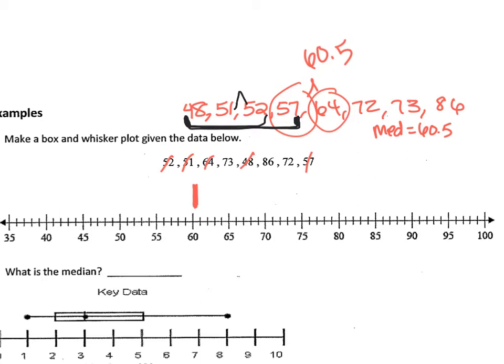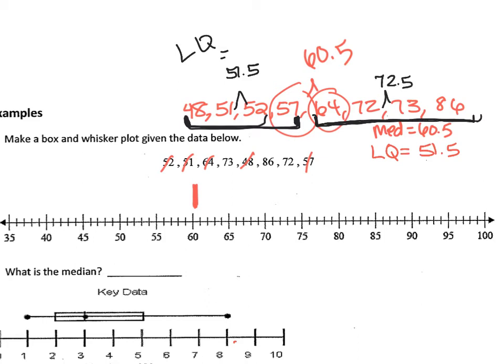So yeah, 51.5 will be our lower quartile. So the same thing over here, from 64 all the way up, 72.5. If you've got an even amount of numbers, just know you'll always be finding the average of those two. You won't have just one set number. So upper quartile is 72.5.